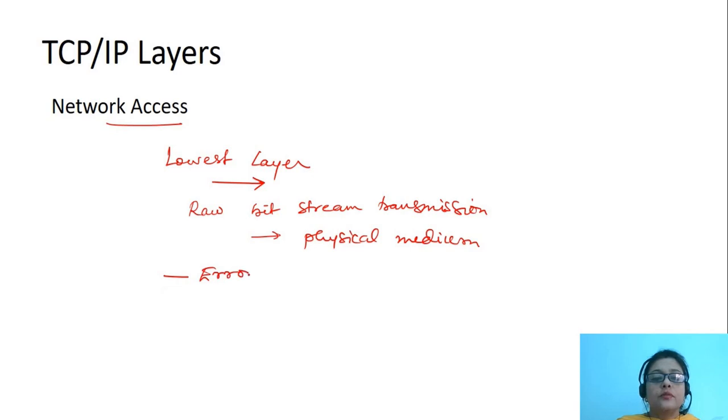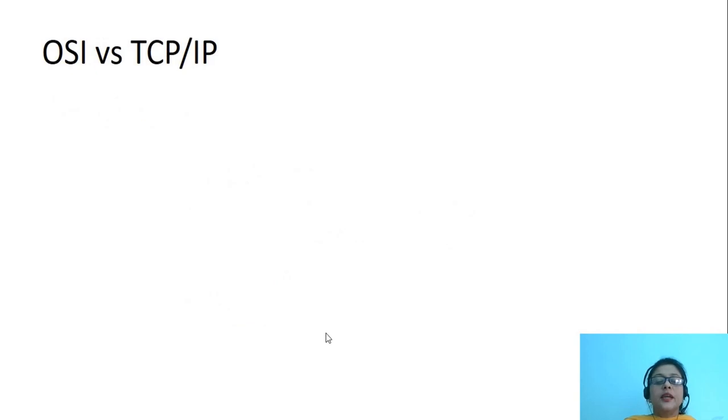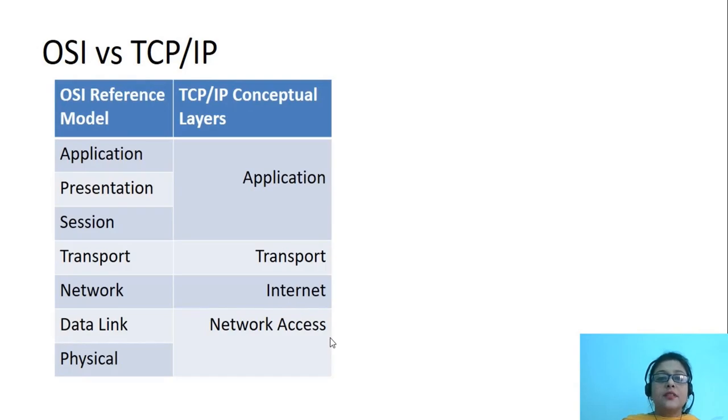Error control and flow control functionalities are also performed at this layer. Let us now understand the differences between OSI and TCP IP. Let's look at this table.